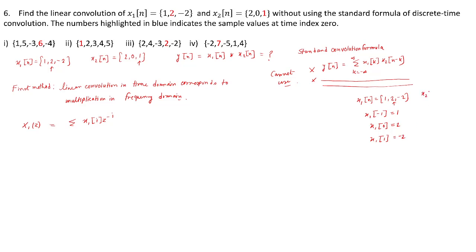Similarly, x2[n] is 2, 0, 1: x2[-2] is 2, x2[-1] is 0, and x2[0] is 1.